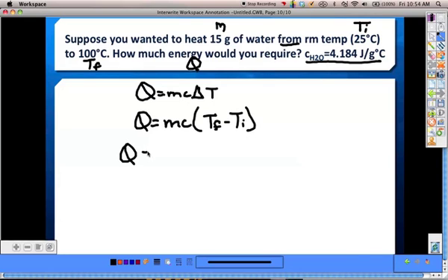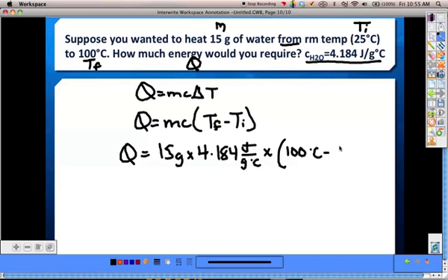So Q is equal to 15 grams times 4.184 joules over grams degrees Celsius times my T final, 100 degrees Celsius, minus my T initial, 25 degrees Celsius. I'm going to do what's in my parentheses first.